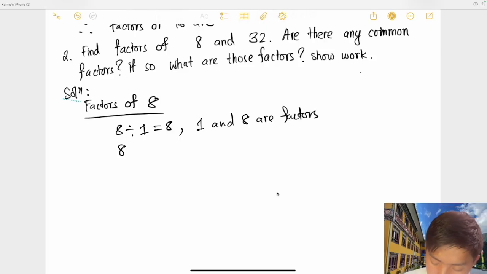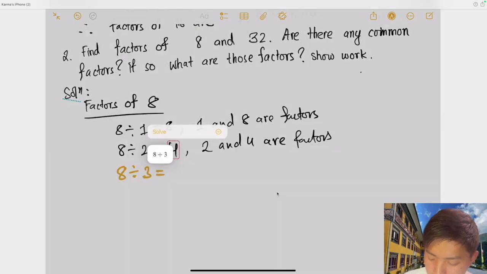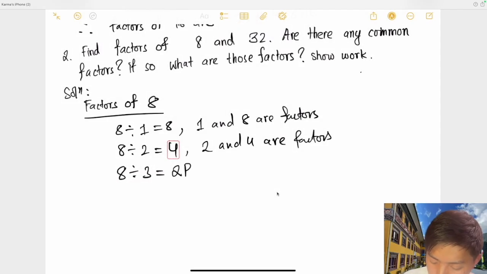Next, divided by 2, you get 4. So 2 and 4 are factors. Now divide it by 3, you get 2 remainder 2.